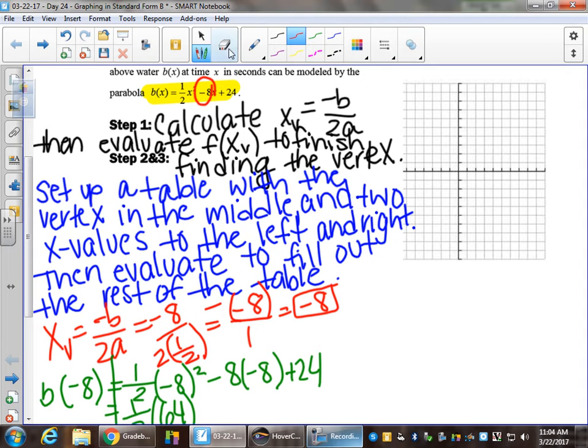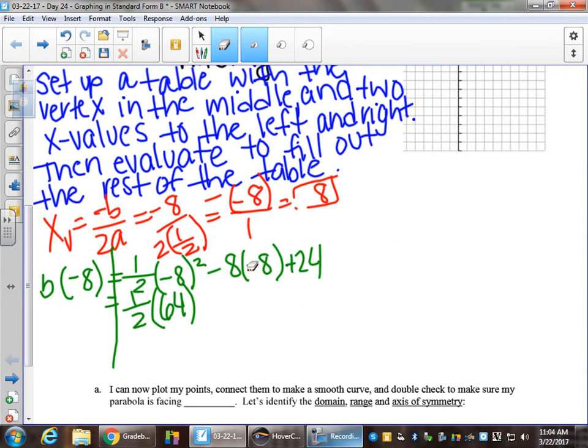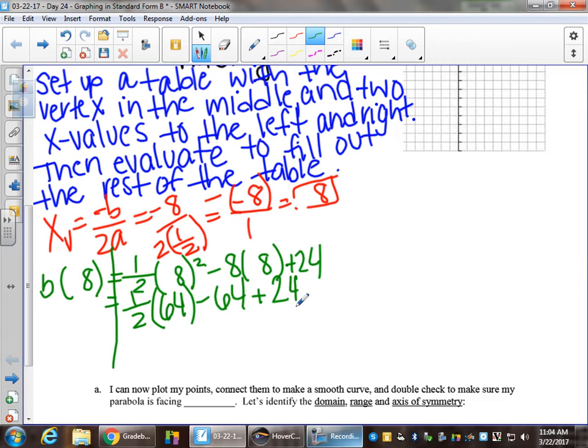So this is just going to be positive. So just erase that negative sign. I was going to see if you guys got it. So it would be -64 plus 24.